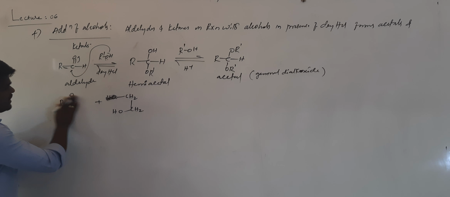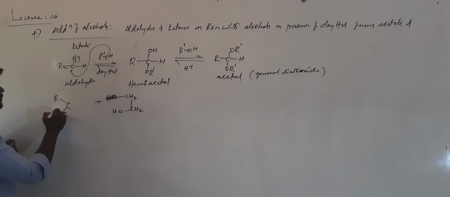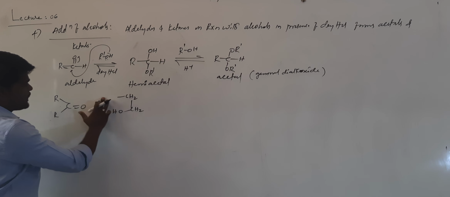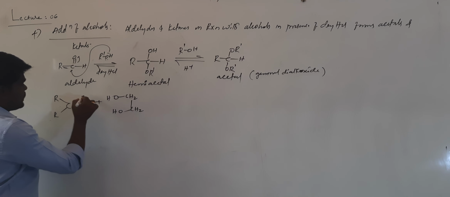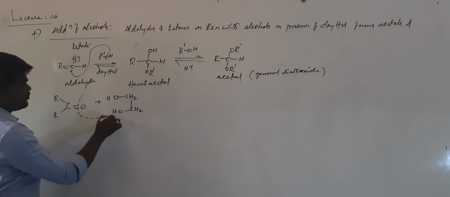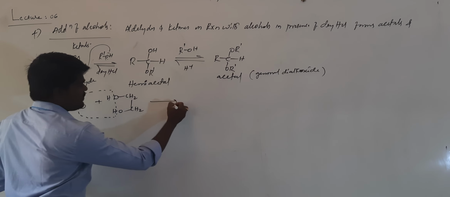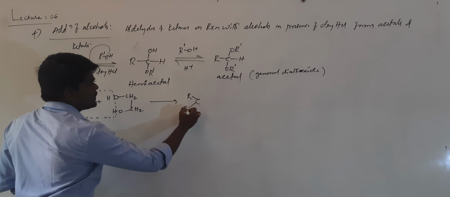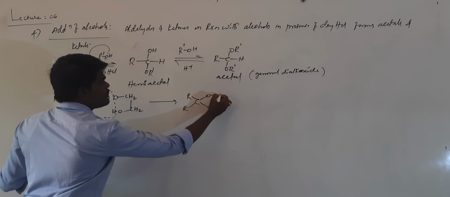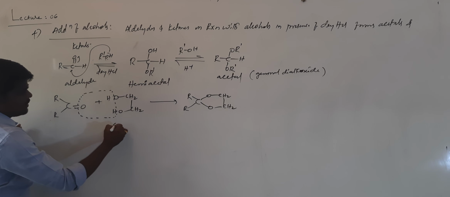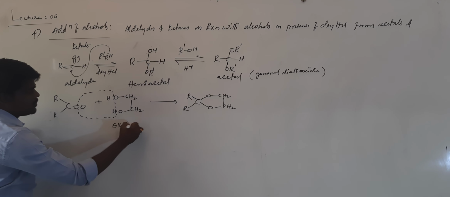Ethylene glycol, let me write in a clear way. Here just remove this water molecule from here, right? It results in the formation of a compound, which is the ketal of ethylene glycol.